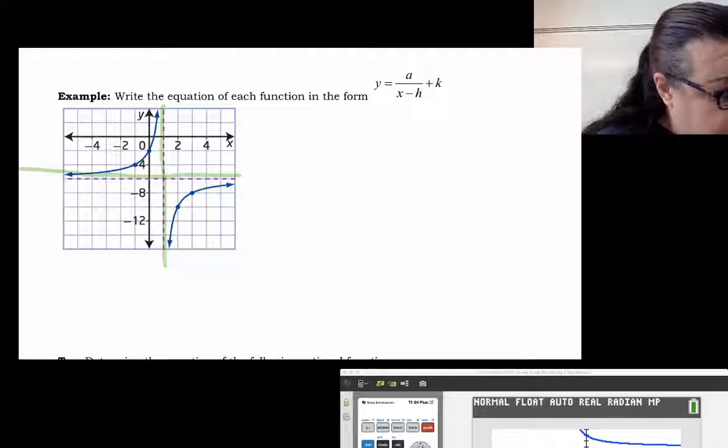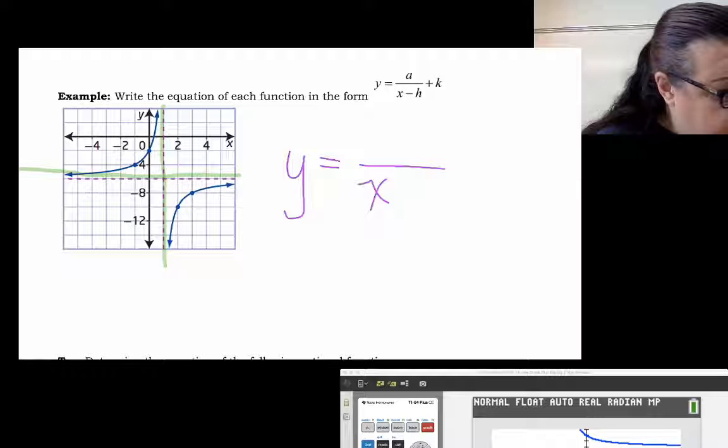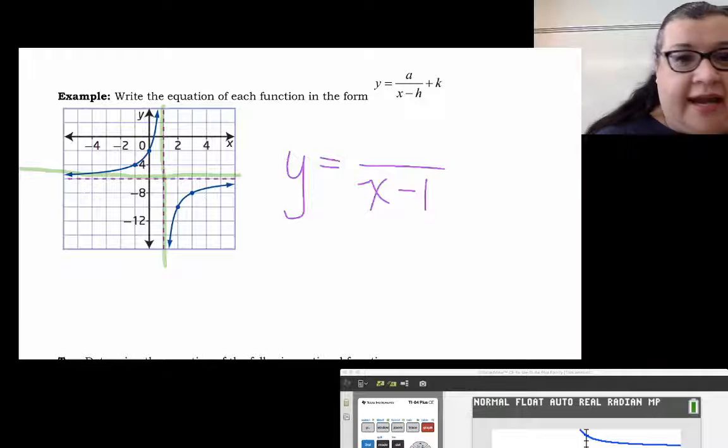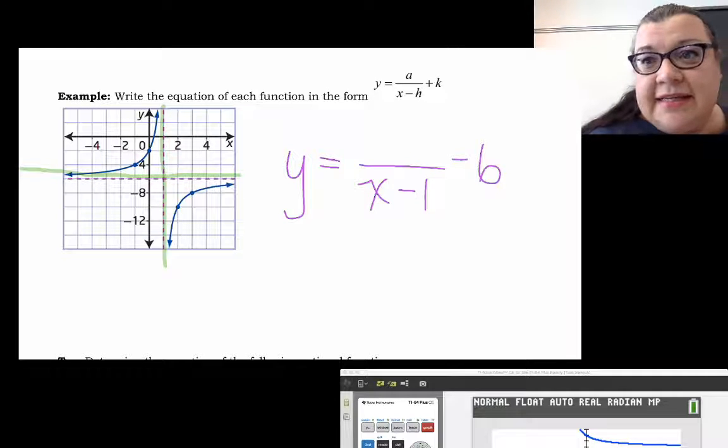Well, that gives us our h and k values. So we've moved over 1, so our h is 1, so x minus 1, and we've moved down 6, so we're minusing 6 from the entire rational expression.